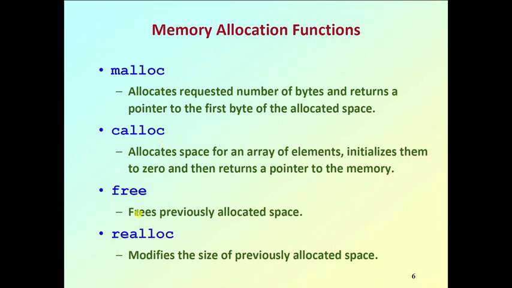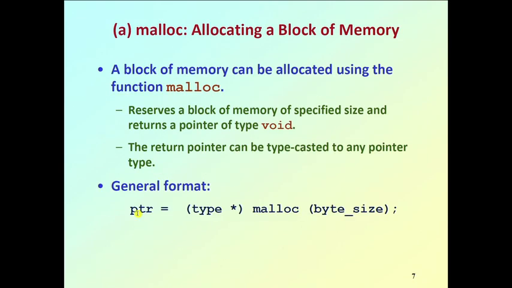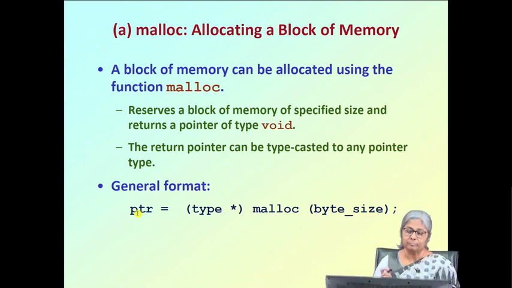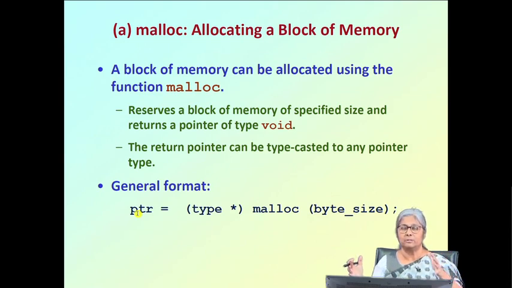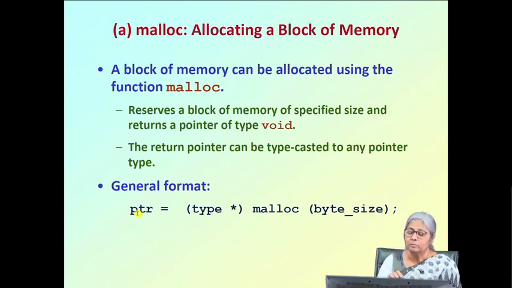Now, we will read what the syntax of each of the functions is. Malloc allocates a block of memory, a number of bytes which we call the block. It reserves a block of memory of specified size, returning a pointer of type void.